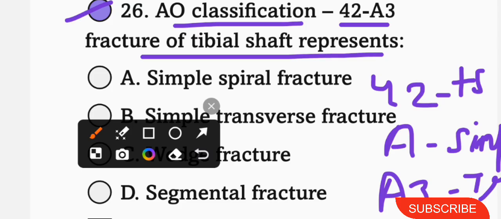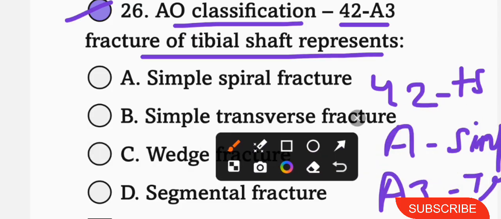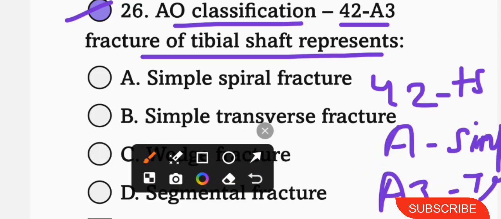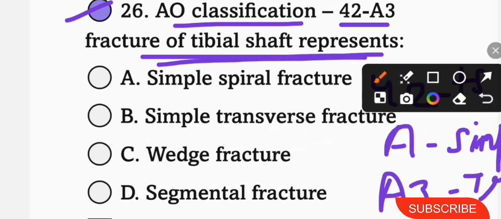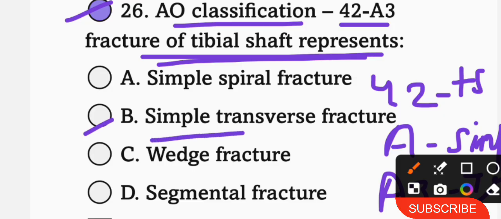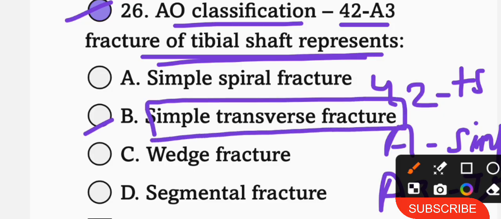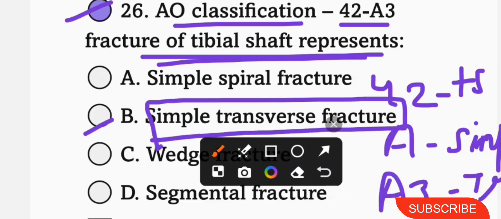So the question asks what the 42A3 fracture of the tibial shaft represents: a transverse fracture. So option B is the correct option: simple transverse fracture. Okay, is that clear?